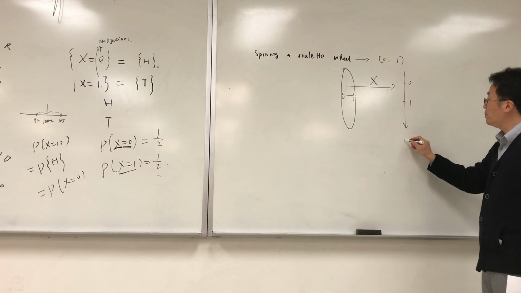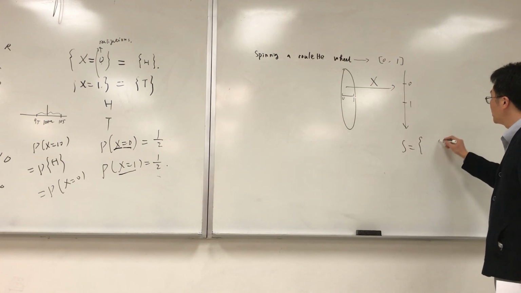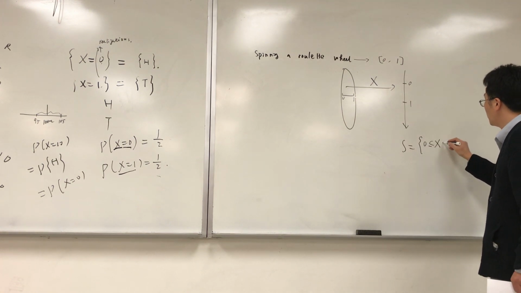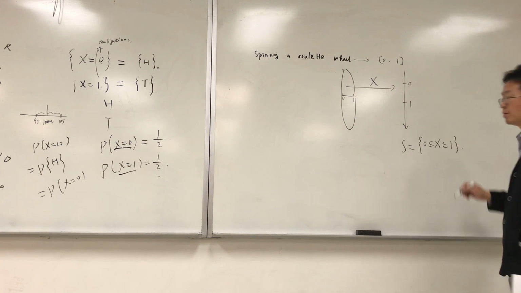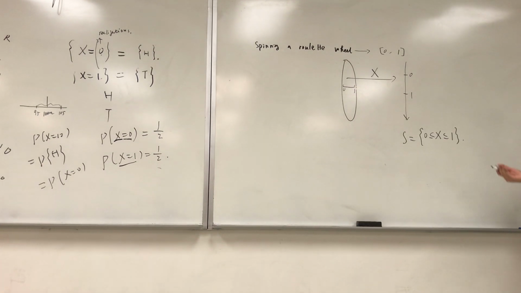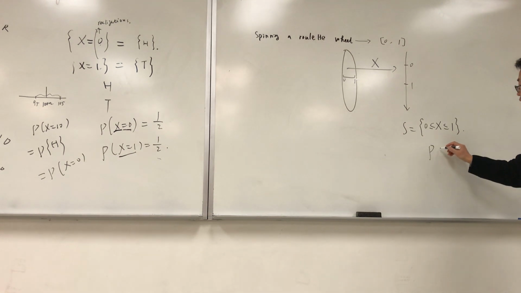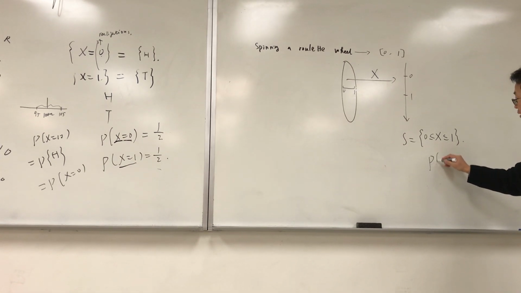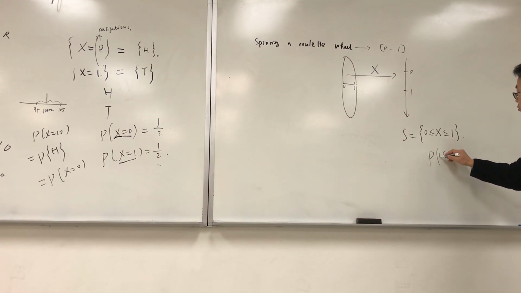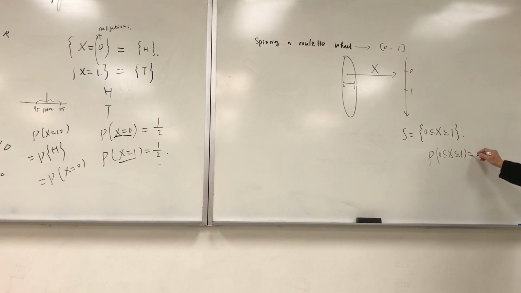In other words, the sample space will be between 0 and 1, right? So at least now we know the sample space, the probability when x is between 0 and 1 should be 1, right?